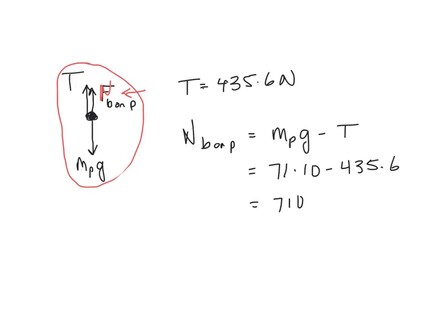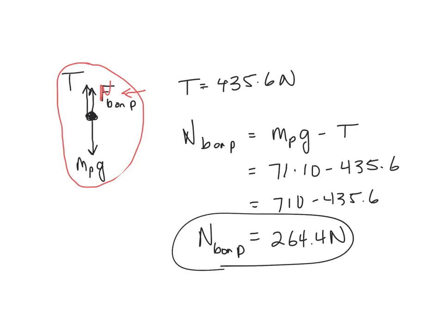So 710 minus 435.6 is 264.4 newtons, I think. So hopefully that helps you understand how to do number 766.